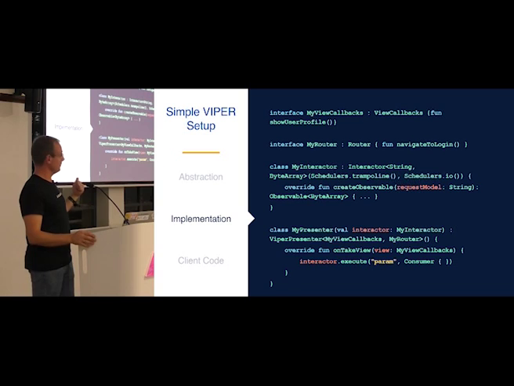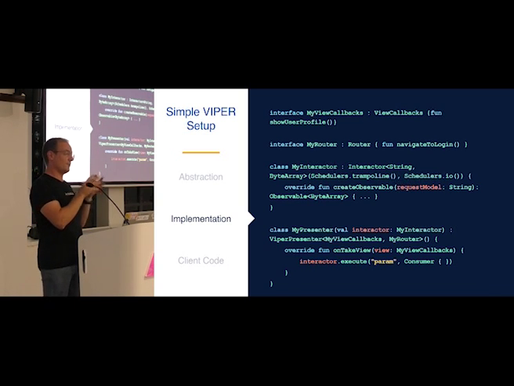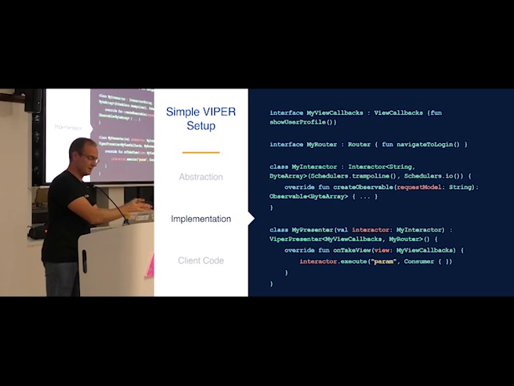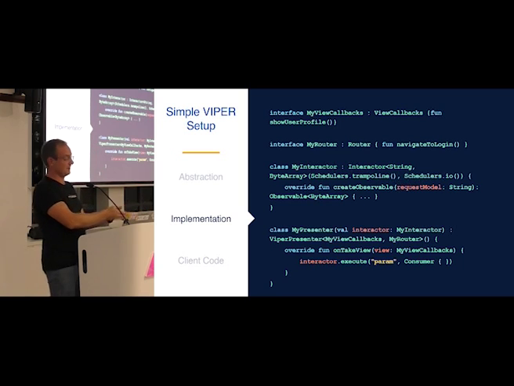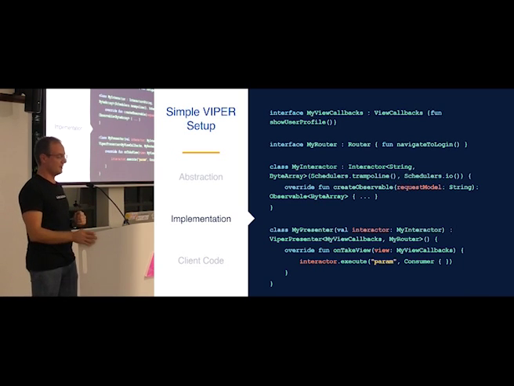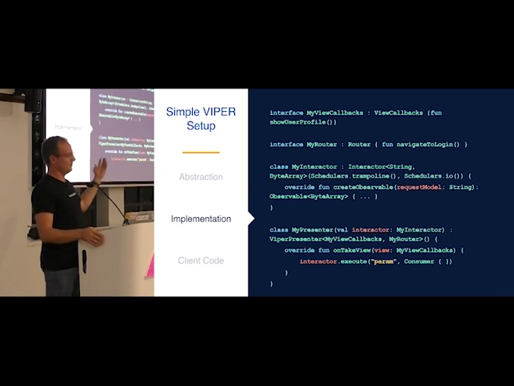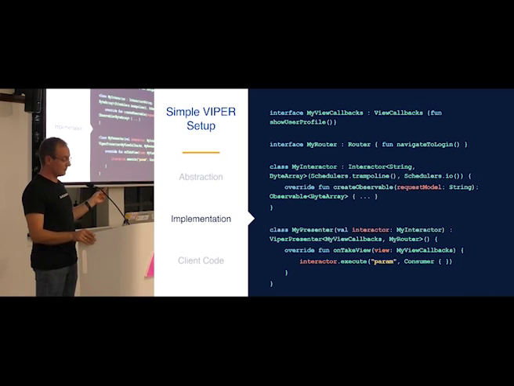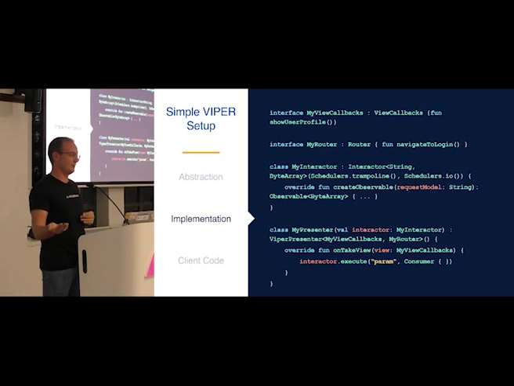My interactor will extend the interactor and say that String is going to be my request model, you remember, like the model that I pass to the interactor to get the data back. And the data back that I'm expecting is a byte array, the second generic param. I can also control the multithreading here. It's not essential on this slide, but create observable will just create me an observable, calling the API methods from the repository or from any other data source.